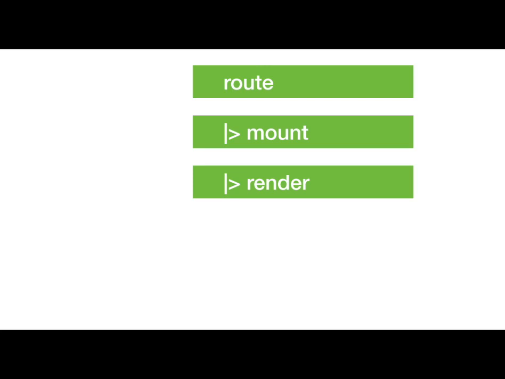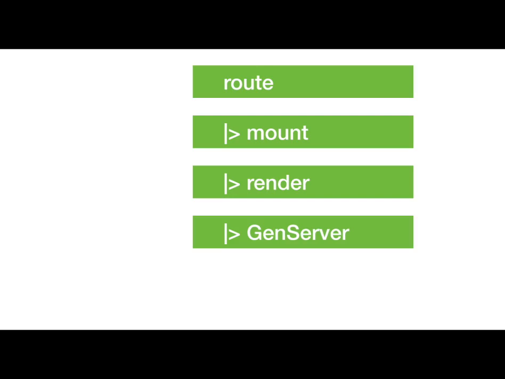What's interesting is that at some point, we can take this LiveView and attach a GenServer to it. So the state from that render function comes down, the same state that we mounted. It comes in the form of a socket. We feed it into a GenServer, which means that we're going to wait for input.